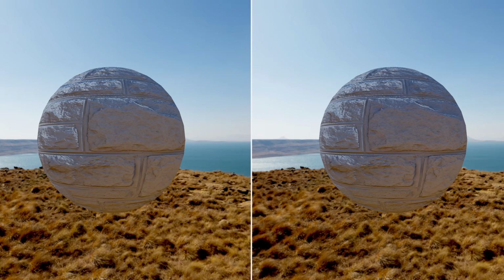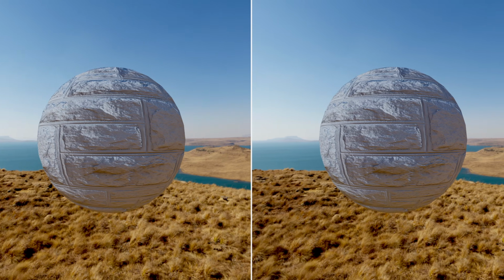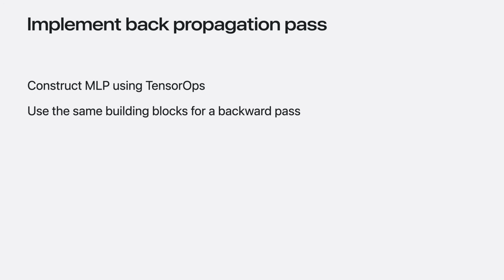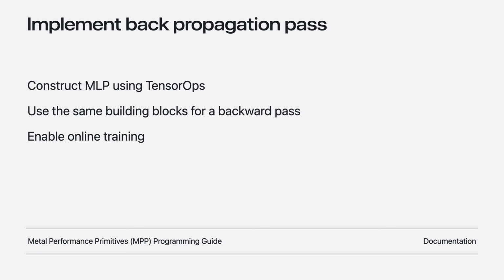The small neural network was capable of learning the signal efficiently. This was a high-level overview of how you can construct an MLP and evaluate it in your shader using tensorOps. The same exact building blocks can be used to create an efficient backpropagation pass needed for the online training step. For all the code details, please check the Metal Performance Primitives programming guide.